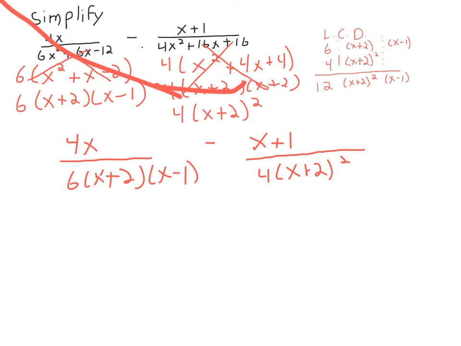My least common denominator has a 12, I've got a 6. So I'm going to have to multiply both top and bottom by 2. I also notice it has one x plus 2, and I need 2. So I'm going to have to multiply by the missing x plus 2.